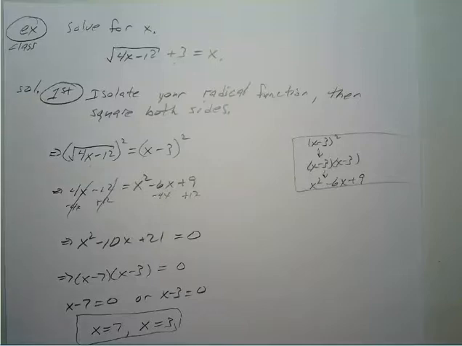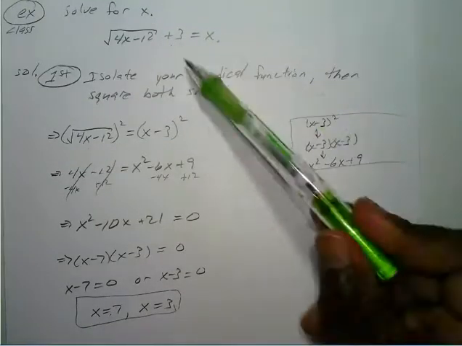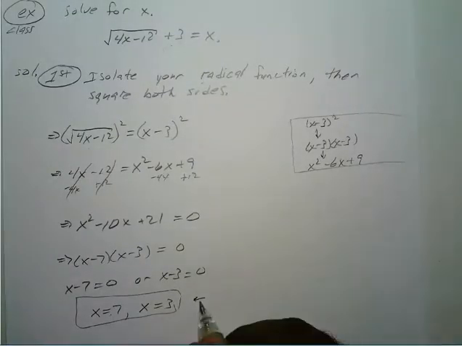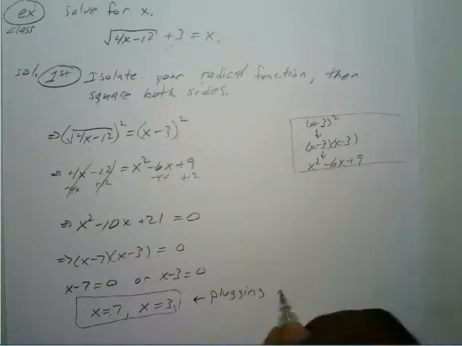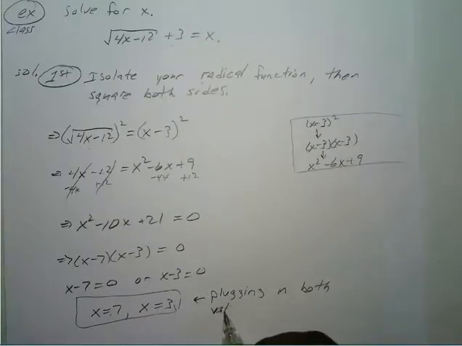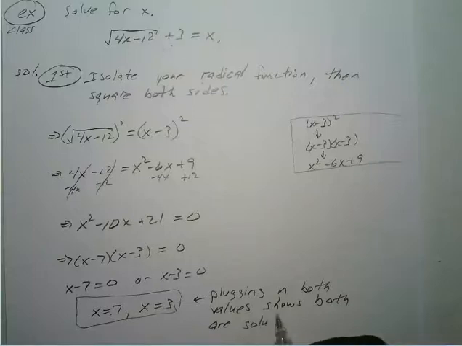Okay, and again, once we plug both of those values into our original equation, we'll see that both of them are true. Plugging in both values shows both are solutions.